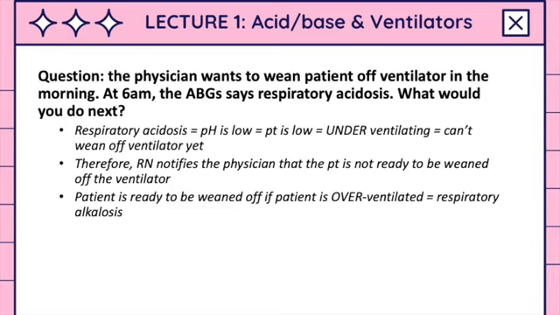The doctor says, wean off vent in AM. Got it? He's writing it today for tomorrow. Wean the patient off the ventilator in the morning tomorrow. The 6 a.m. ABGs show respiratory acidosis. What would you do?